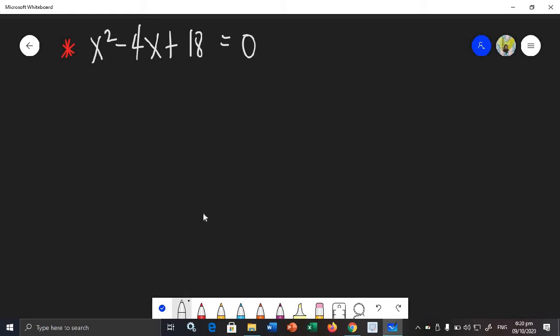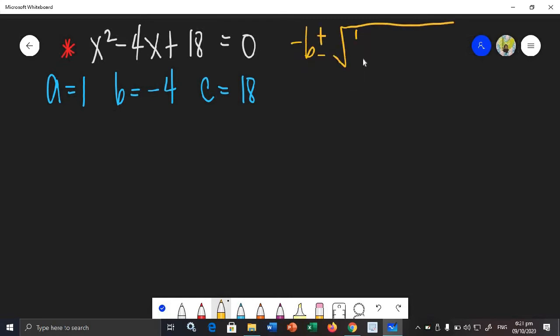Yun yung pinaka nagagamit. Okay? So in this particular problem, I use quadratic formula kasi hindi ko na pinakita kung paano na-solve dyan kasi masyado nang mahaba. So A is equal to 1. Naka-standard form siya, so we can just simply list the values of the variables. 18. And we will use this quadratic formula. If nakalimutan nyo na, I'm going to write the formula.